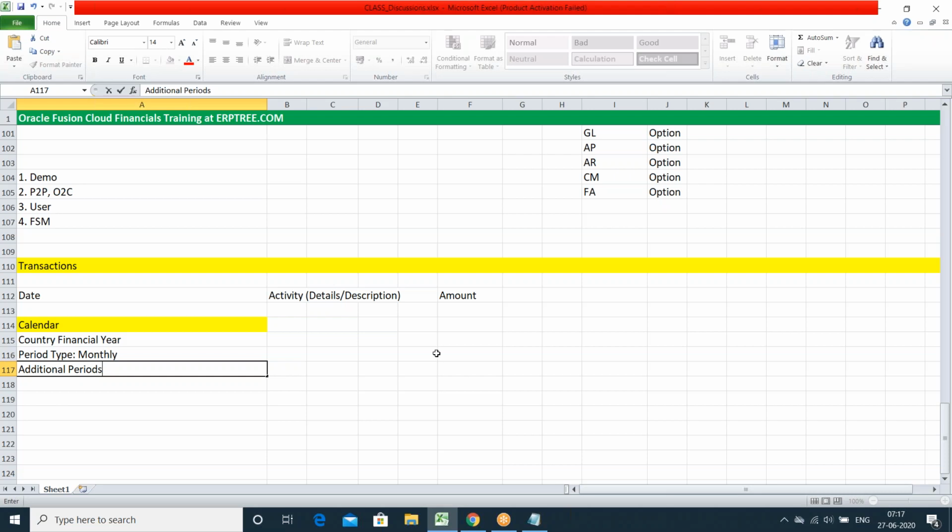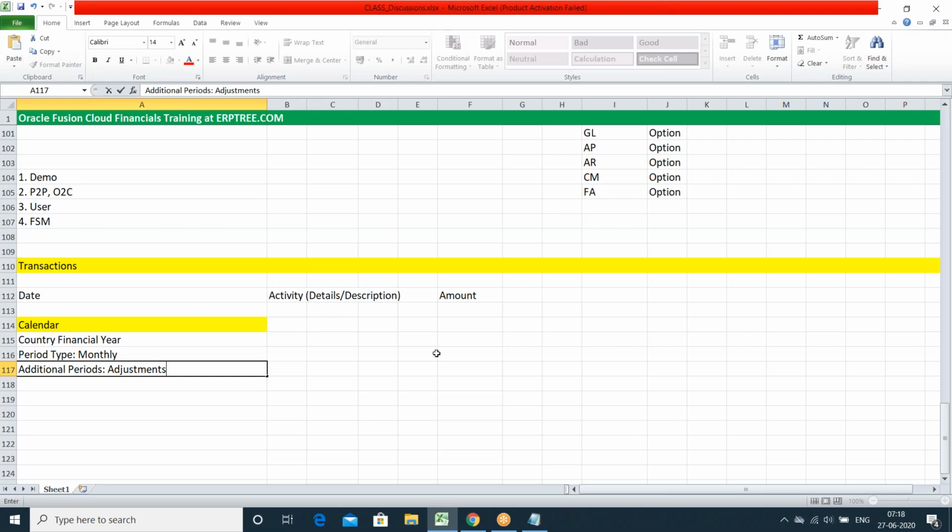What are the additional periods? The periods you are creating beyond the regular ones, those we call additional periods. What is the purpose of these additional periods? To perform adjustments. When we are closing the books at the end of the year, you may want to do the adjustments in a separate period. If you are implementing for a US client, you create the calendar from January to December.